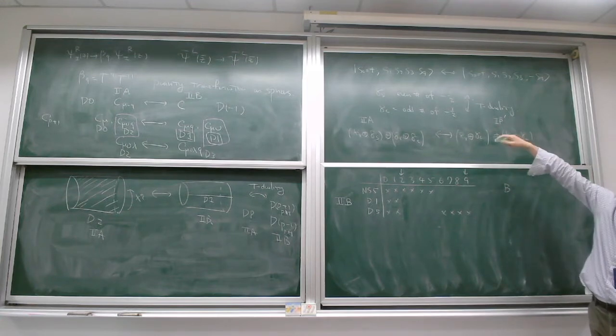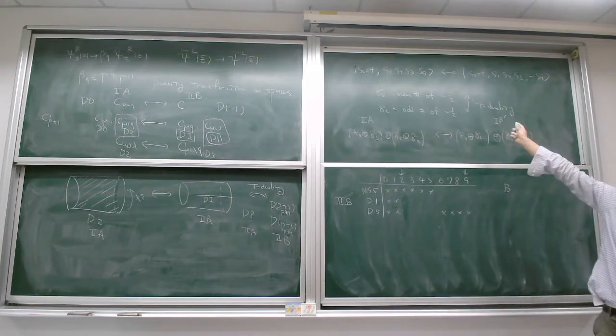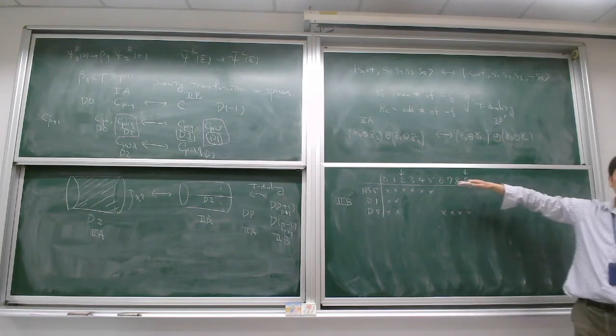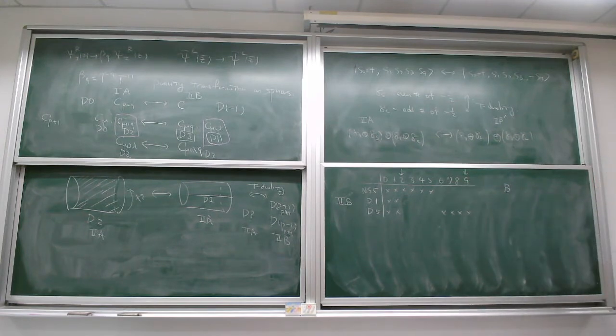So what we are talking about everything else is the Ramond sector. So the NS5 brane is intact under the T duality, so that it does not affect it. It's not affected by T duality. And then all those configurations are related by T duality, so they're equivalent.